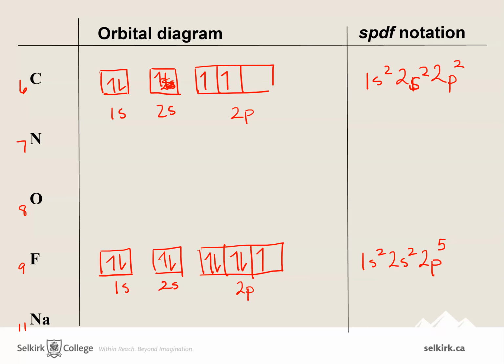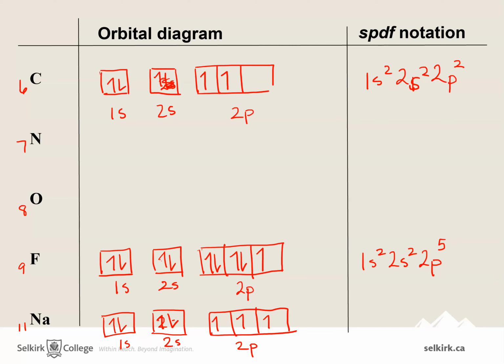All right, one last one for the orbital diagrams, and then we'll move straight on to the other kinds of notation. Sodium, 11 electrons. 1s holds 2. 2s holds 2. 2p: we left off counting at 4, 5, 6, 7, 8, 9, 10, and I filled the p sublevel.